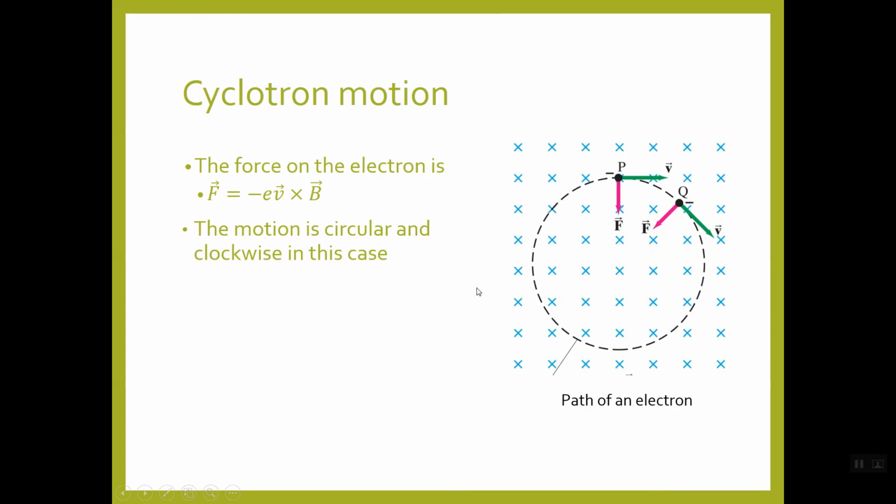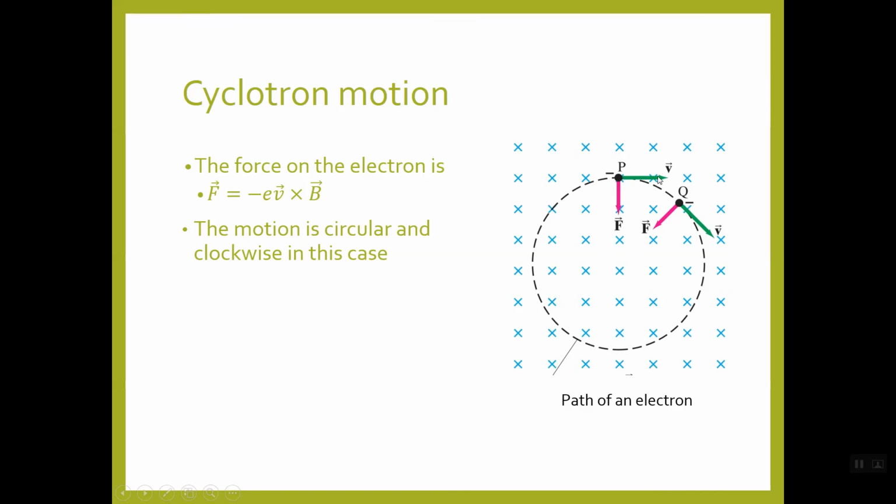So the motion is going to be circular and in this case clockwise. If we have the magnetic field going into the page, our electron, let's say at this point, is going towards the right.